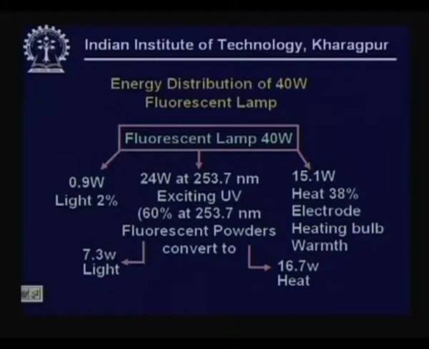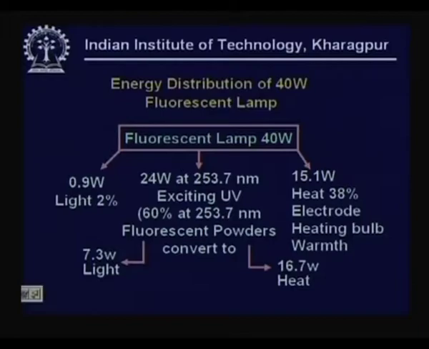We said we are using the low pressure mercury vapor lamp, which is allowed to have peak radiation around 253 nanometer wavelength, which corresponds, and so what does it mean? Around 60%. This is the beauty of this particular lamp.